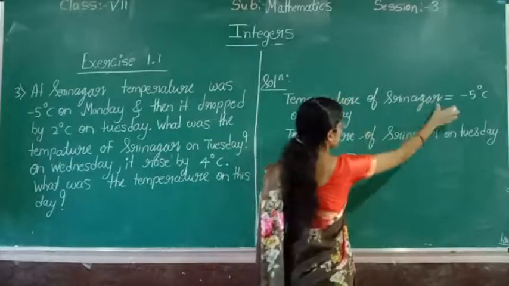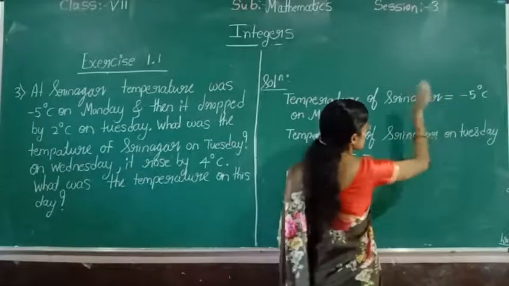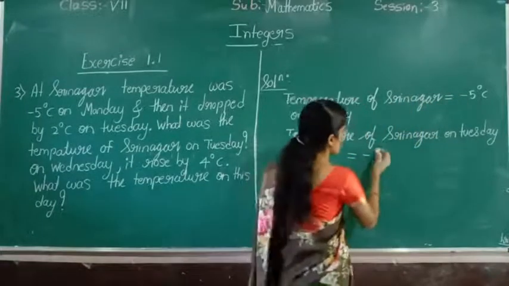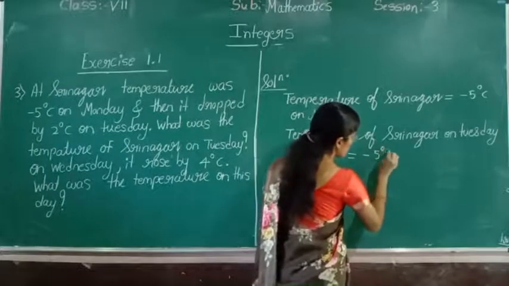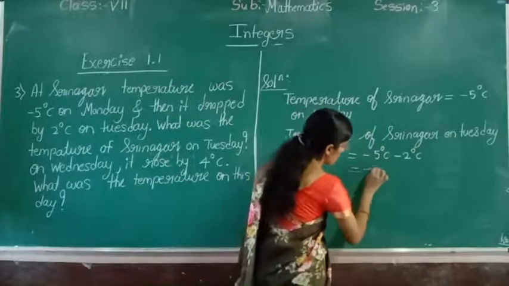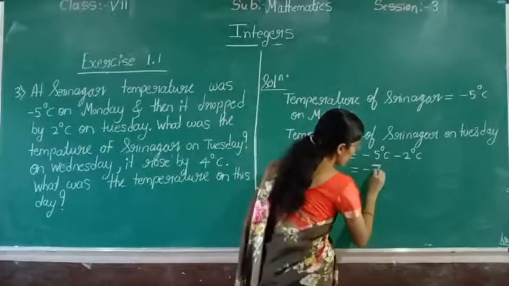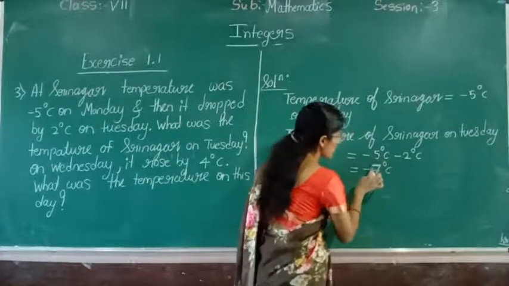On Monday the temperature was minus 5 degrees Celsius. Tuesday it has been reduced by 2 degrees Celsius. Means we have to do minus 2 degrees Celsius. Minus is plus. 5 plus 2 is 7. Bigger number is 5. 5 has minus sign.